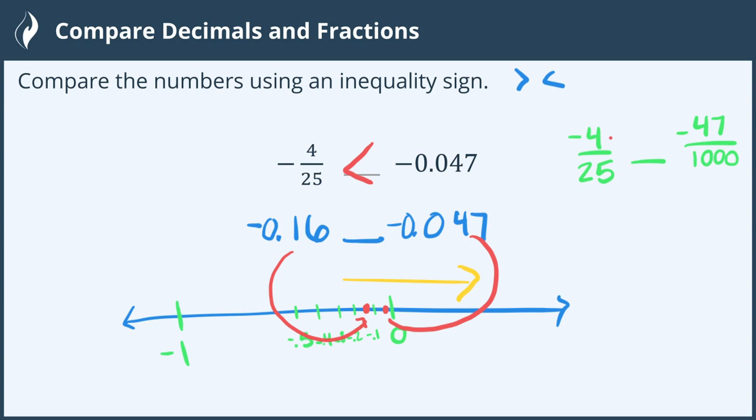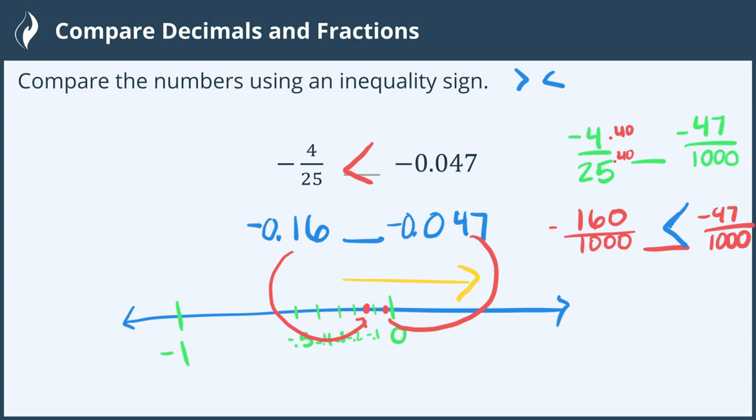On the left, I can multiply both of these by 40 to get the same denominator of 1,000. 4 times 40 is 160. And negative 47 over 1,000 is sufficient. Now we can see that being $47 in debt is a better option than being $160 in debt.